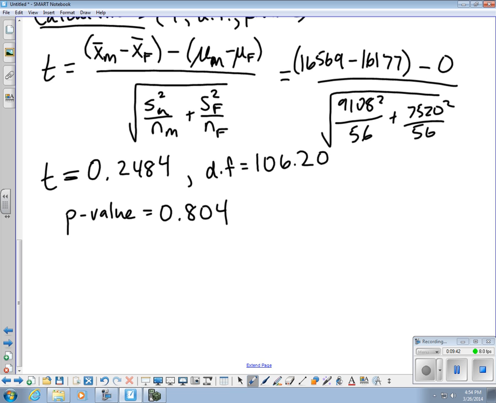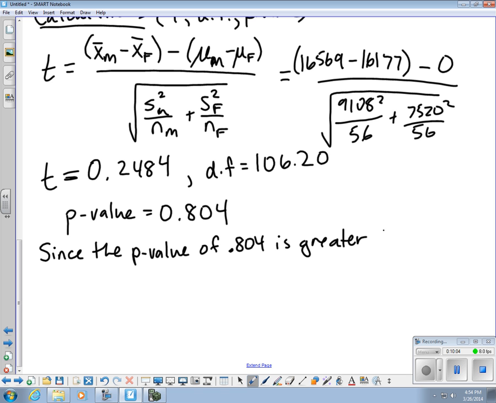Okay, so now conclusion. Since the p-value of 0.804 is greater than, we don't even have an alpha, but any alpha value that we would choose would be smaller than that. Remember, 0.1, 0.05 and 0.01 are our most common ones.